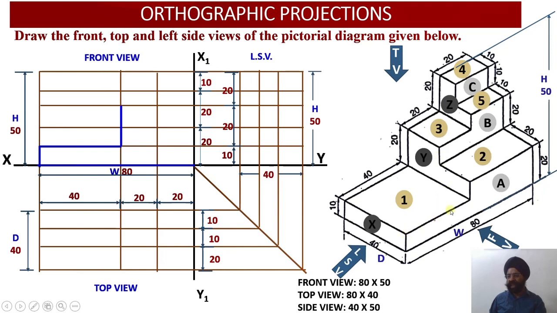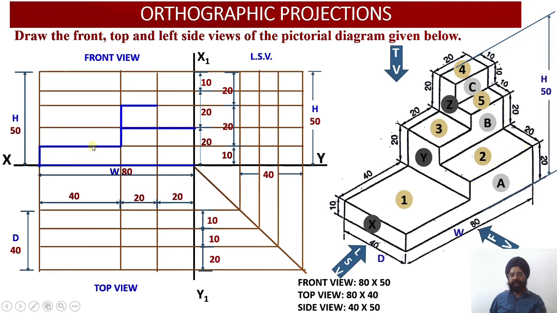This will start from the left corner, and as you move along this surface 40 millimeter ahead, and then 20 millimeter up, and then 10 millimeter above as we go. Now we have a 40 millimeter edge over here. Please see, this width is equal to 40 millimeter.